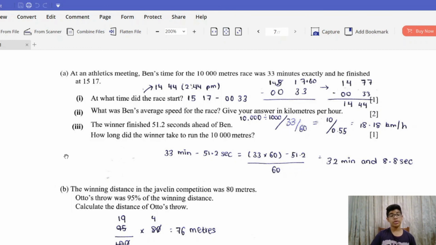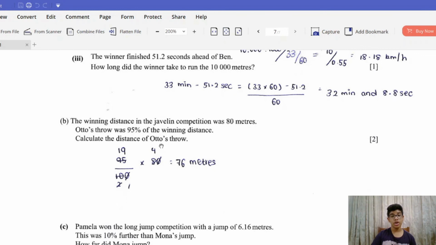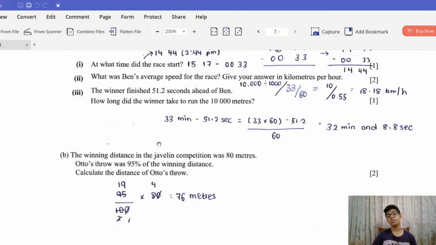Okay, so now Roman 3. The winner finished 51.2 seconds ahead of Ben. How long did the winner take to run the 10,000 meters? So he took 51.2 seconds ahead of Ben, so less than Ben. So you take 33 minutes, subtract 51.2 seconds. Now to do this operation, we convert all of it into seconds. So 33 times 60, because 1 minute is 60 seconds, minus 51.2.